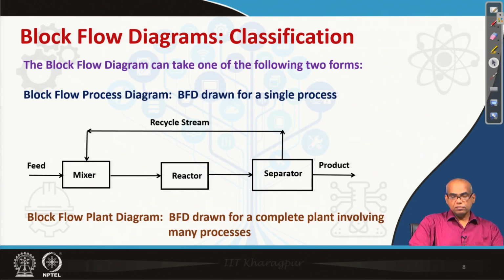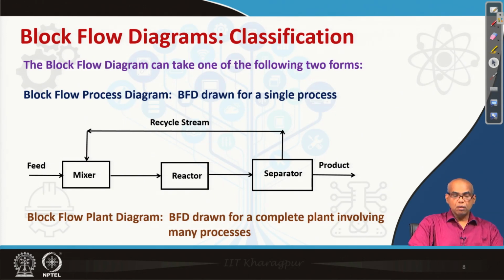A block flow diagram can be drawn for a single process, or it can also be drawn for a complete plant involving many processes, but then we will be clubbing the entire process into a single block. What you see is a block diagram for a process with recycle.